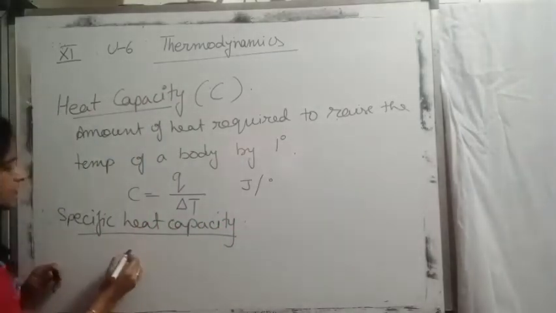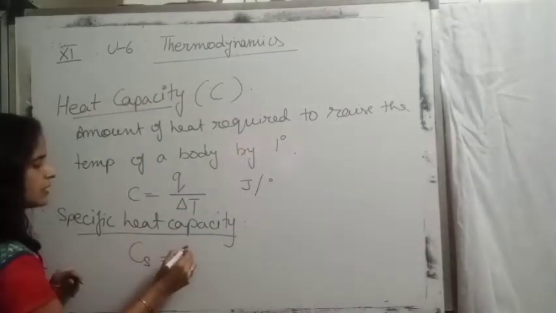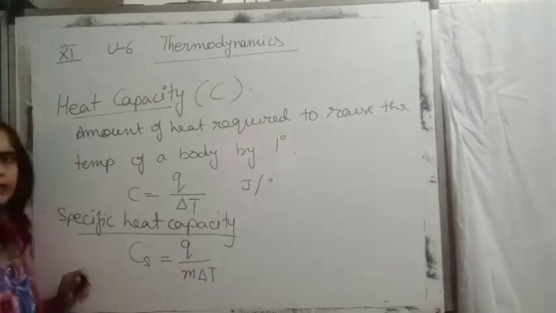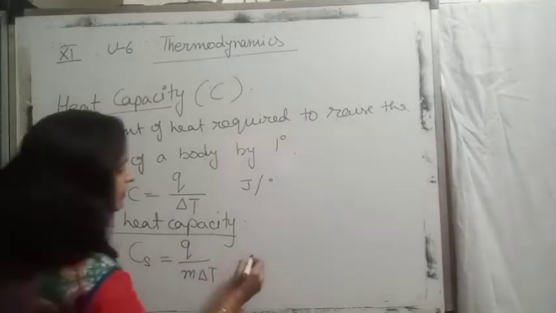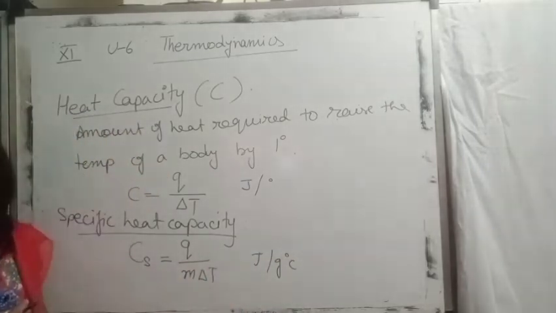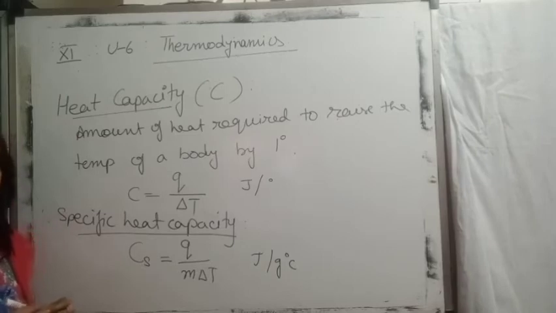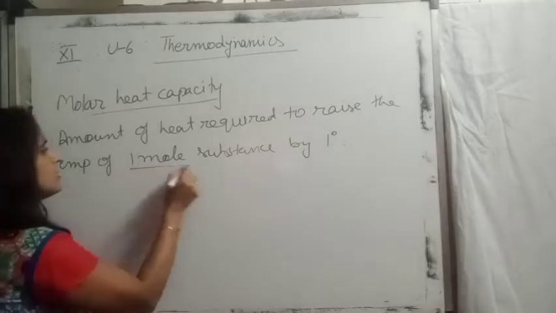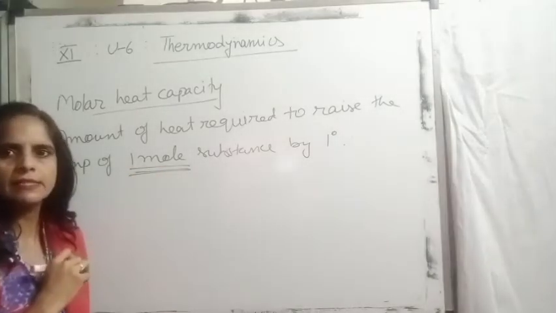So the formula of specific heat capacity is Q divided by m delta T. Its unit will be joule per gram degree Celsius. Understood? Now next we will talk about molar heat capacity. In molar heat capacity, in place of 1 gram, we use 1 mole of substance.